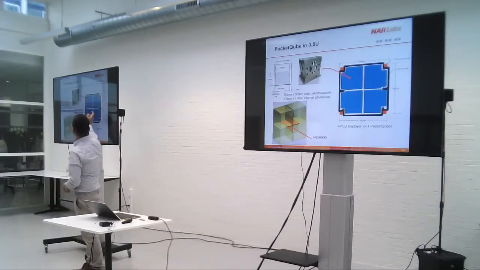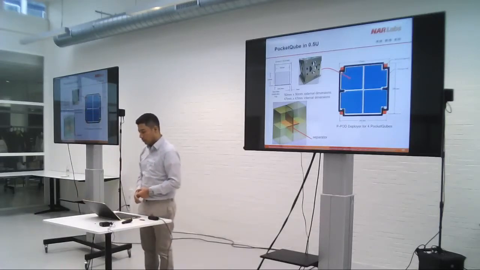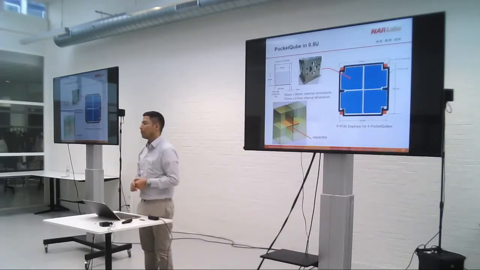They will divide it into 4 parts, and you have PocketQubes in those places. I think it will be a little smaller than the 50 mm size, because the deployer will not have enough space for all the real standard PocketQubes. That's the key idea why they want to do it, and they are doing the APRS-based PocketQube. Thank you very much.